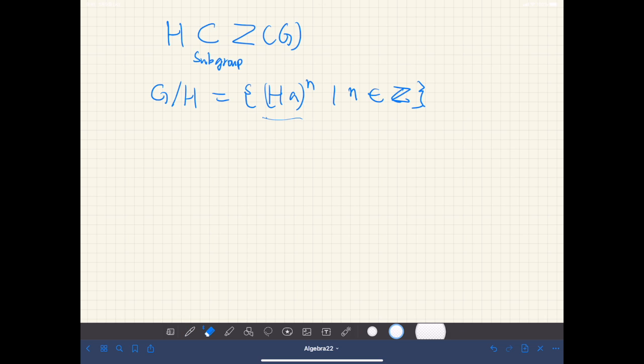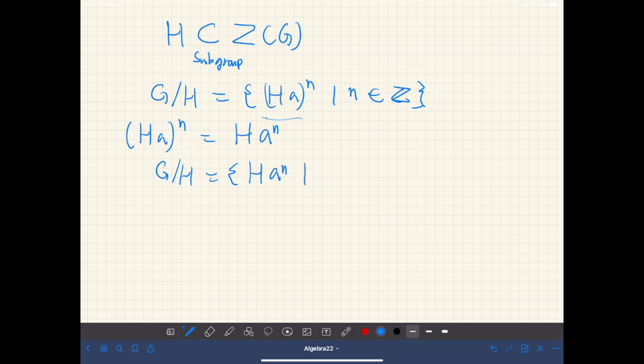However, by the definition of multiplication between cosets, (Ha) to the power of n is equal to H a to the power of n. So after all, G over H can be expressed as H a to the power of n, where n is an integer.